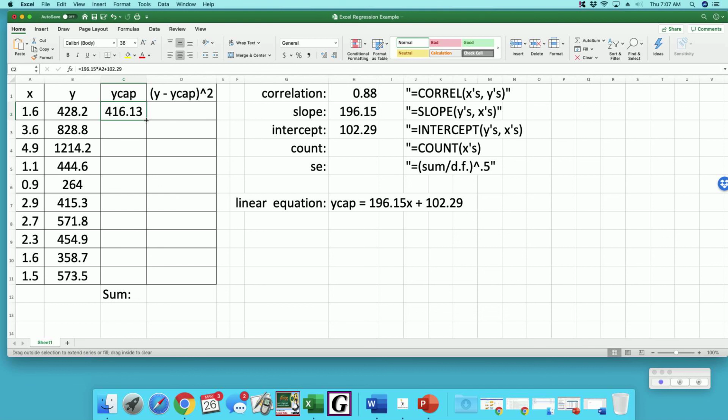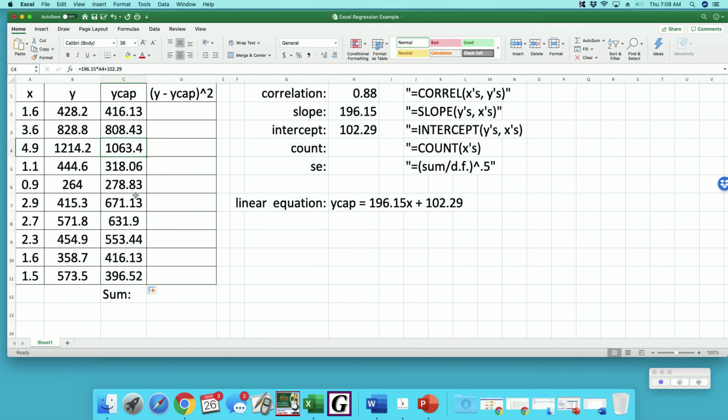Left click your cursor and drag it down, and it'll calculate all of your y-caps that go with the corresponding x's. Now if I click on C3, notice it's now A3. If I click on C4, notice it's now A4. So that's why we do it that way, so Excel will capture the next associated x value.